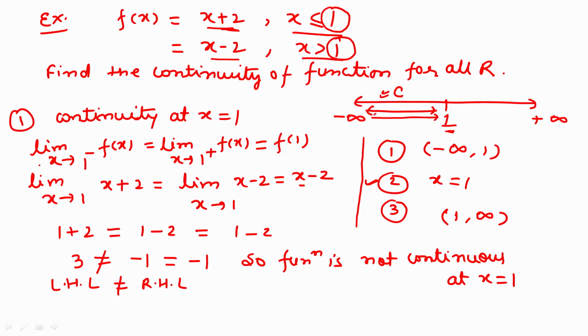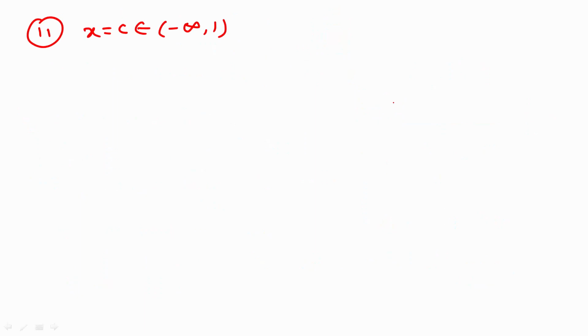So x is equal to c, c belongs to minus infinity to 1, and you can see here for the interval minus infinity to 1, the left hand and right hand both are equal, means in such type of case we have to find only limit x tends to c f(x) is equal to f(c).